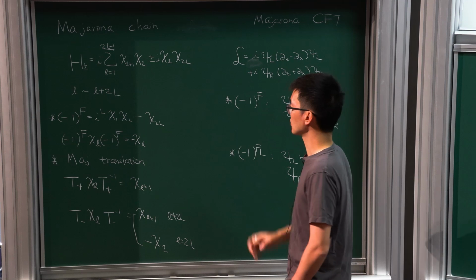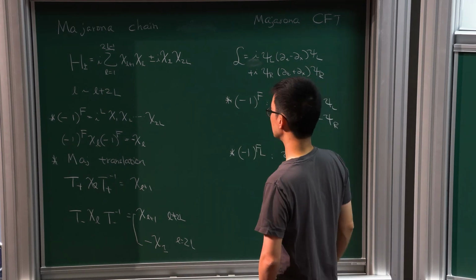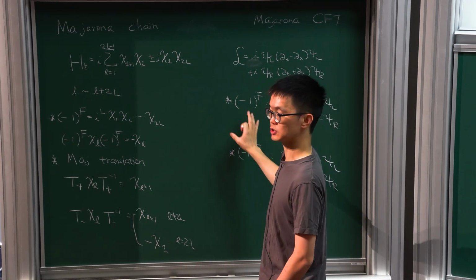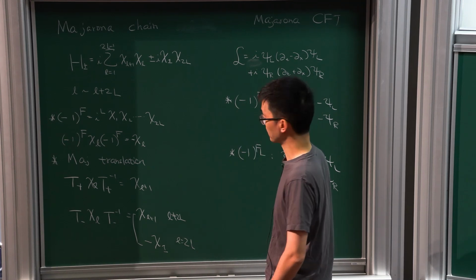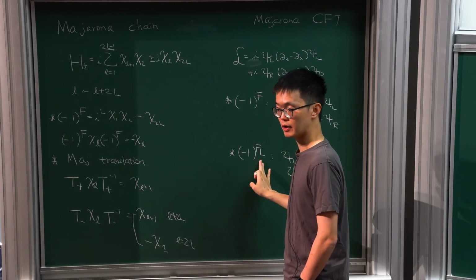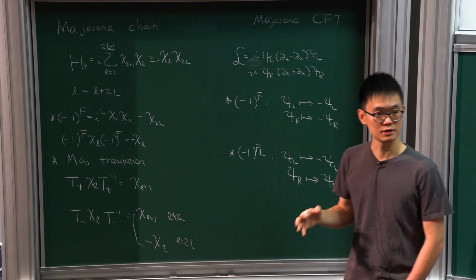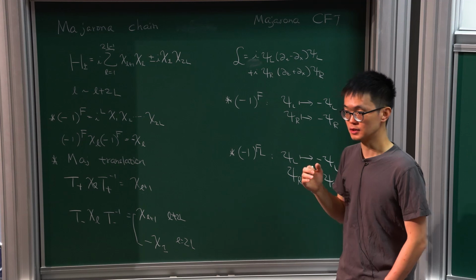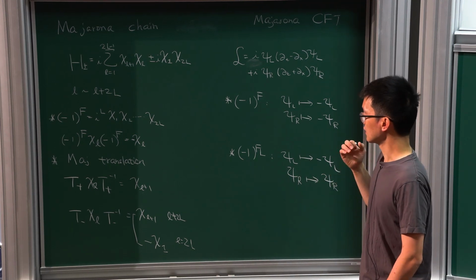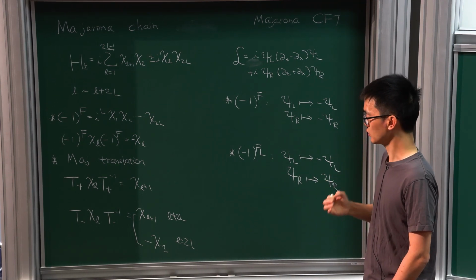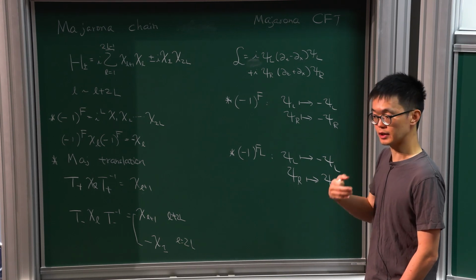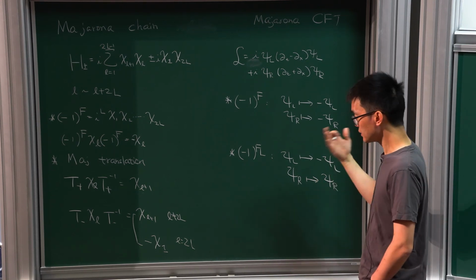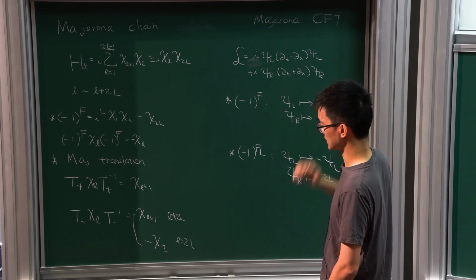So if you compare the lattice model and its continuum limit, the (-1)^F just matches on the nose. There's no problem with that. The chiral fermion parity is more subtle, and this is common when we talk about lattice fermions. It is very common that the chiral symmetry of the continuum fermion theory emerges from some more subtle symmetries on the lattice.